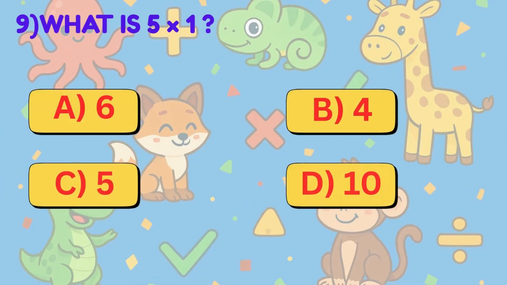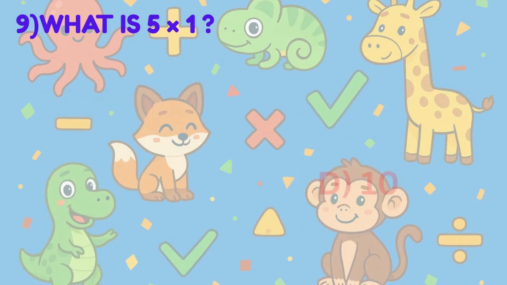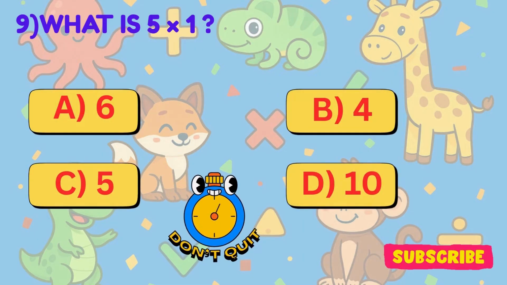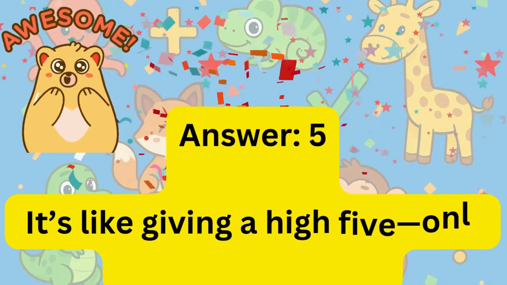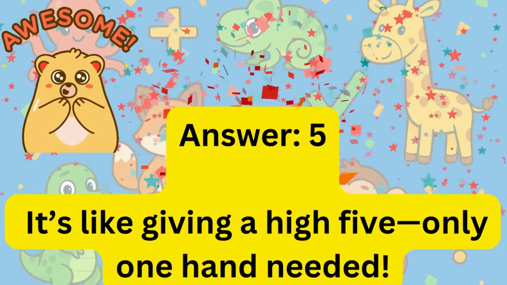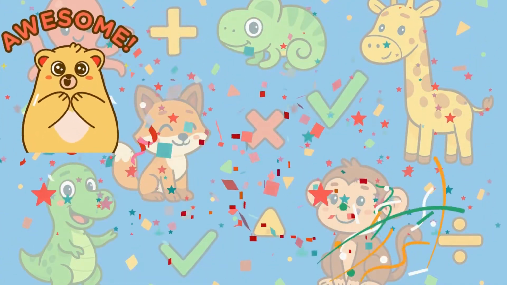9. What is 5 times 1? Is it A, 6, B, 4, C, 5, or D, 10? Correct answer is 5. It's like giving a high five, only one hand needed. 10.